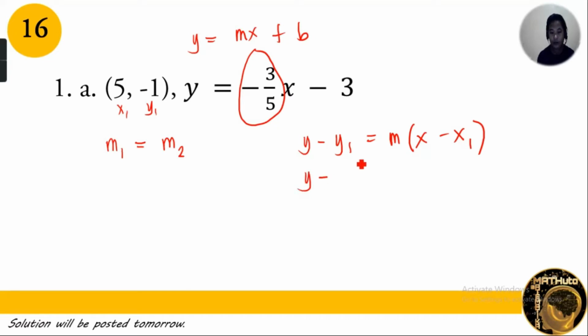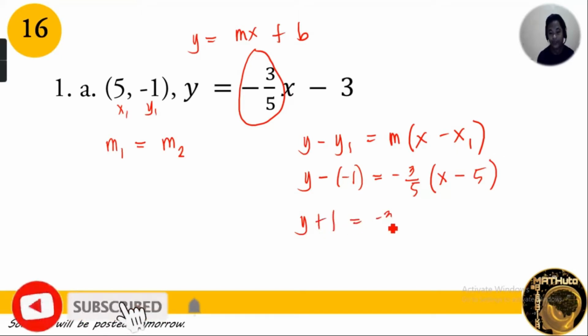y sub 1 is negative 1. The slope is equal to negative 3 over 5 times the quantity of x minus 5. Then we have y, negative times negative 1 is positive 1, is equal to negative 3 over 5 times the quantity x minus 5.